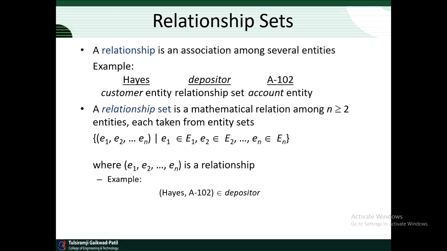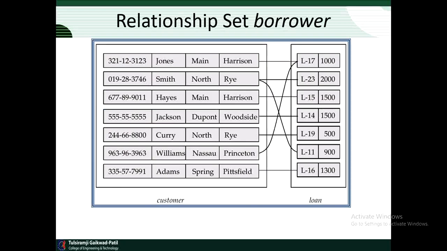So that's why it is a depositor, meaning both entity sets belong to the depositor relationship set. Here in this example we can see that there is a relationship between two entities, that is customer and loan. That relationship is the borrower relationship. So customer and loan are having the borrower relationship among themselves.